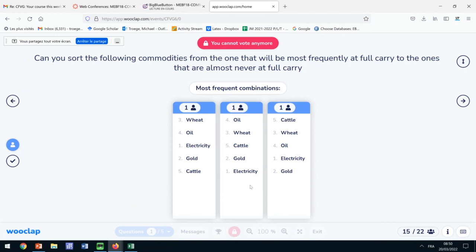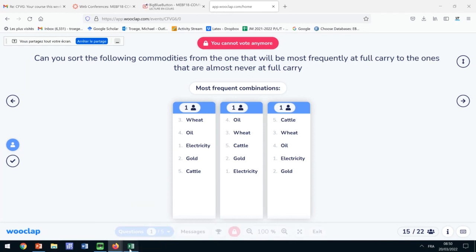In the summer in the US, everybody switches on the air conditioning and the demand goes up. In the winter they do the heating, and in between they don't need it. So you have a huge cyclical component, and also a cyclical component within the day. So electricity is the worst: never at full carry, and gold is always at full carry.